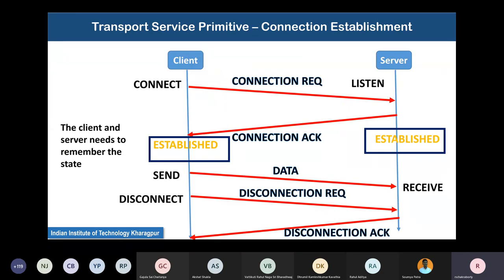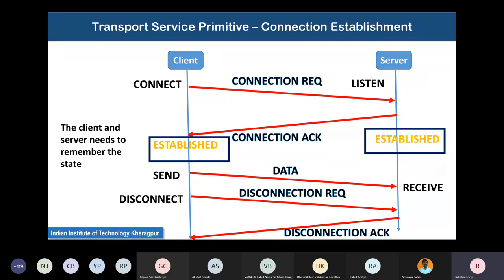The connection establishment, sending of data, and the disconnection can be visualized in a simple way as shown in this diagram. The client requests a connection establishment to a server which is listening at a particular port. When it receives that connection request message, it makes a decision about whether to accept it or not.